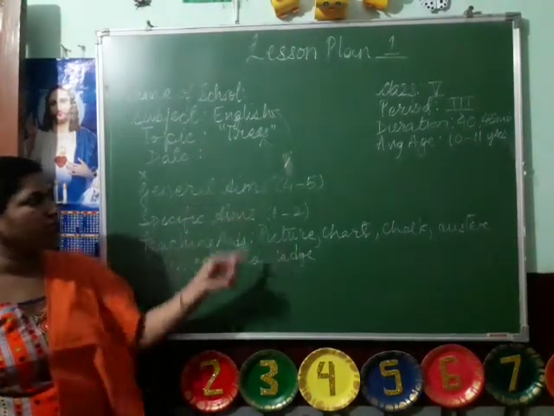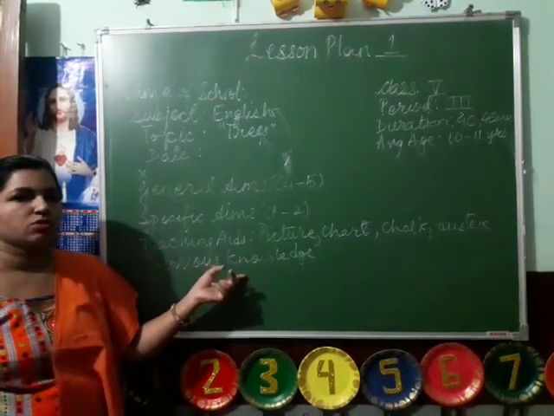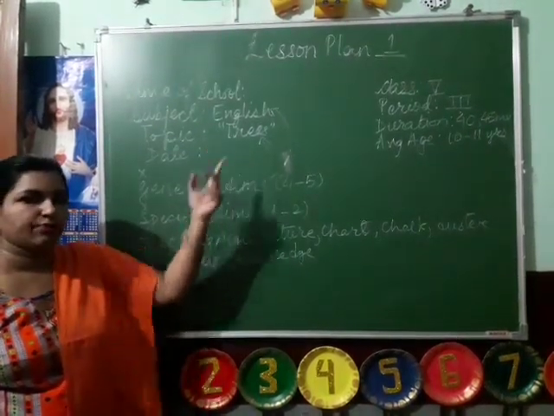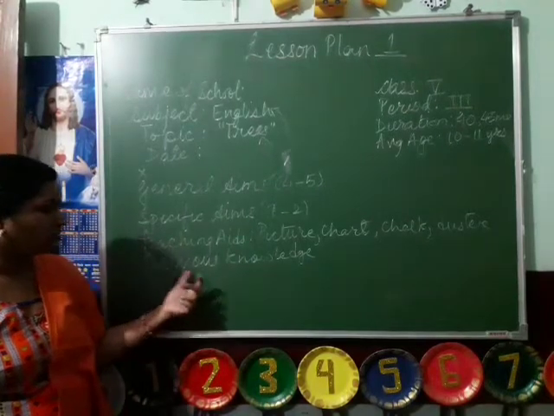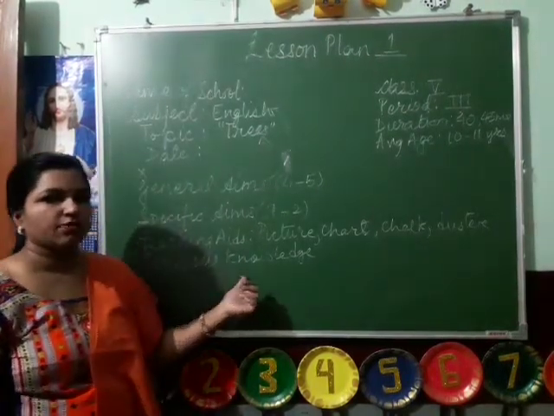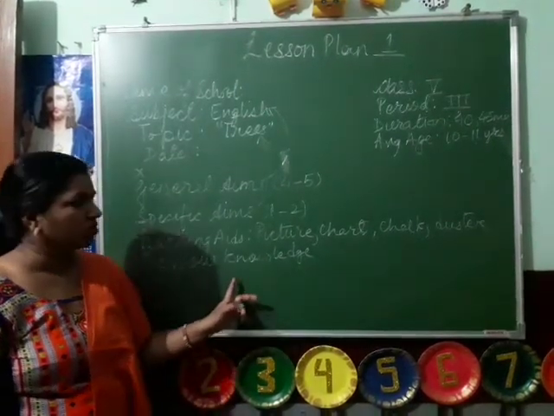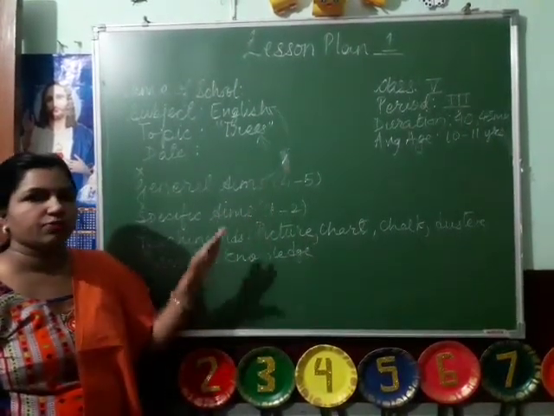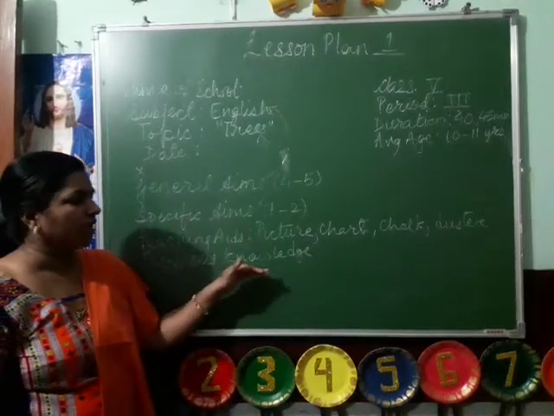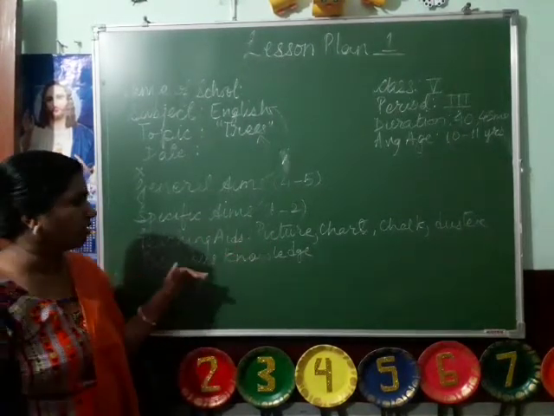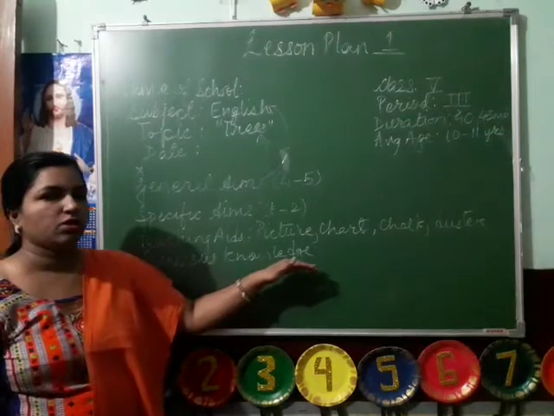Suppose the 5th class students are there. 5th class students know what is a tree. They have seen the tree. So here you will write, the students have seen the trees. They know the types of trees. So 5th class standard students, they will have a knowledge of trees. So you have to write here, the students have a knowledge of trees.